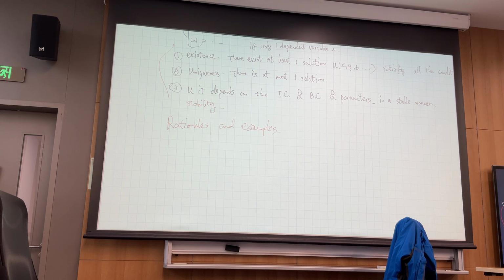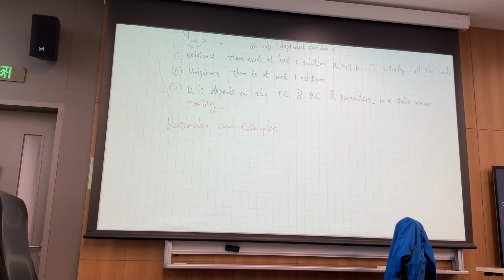Actually, if we really want to do that, we need a course called functional analysis. That tells you how to measure the distances or the differences between two functions in the space of functions. Then we will be able to implement a metric, just like we implement a metric in the 1D, 2D, and 3D space, we can also implement a metric in the function space.